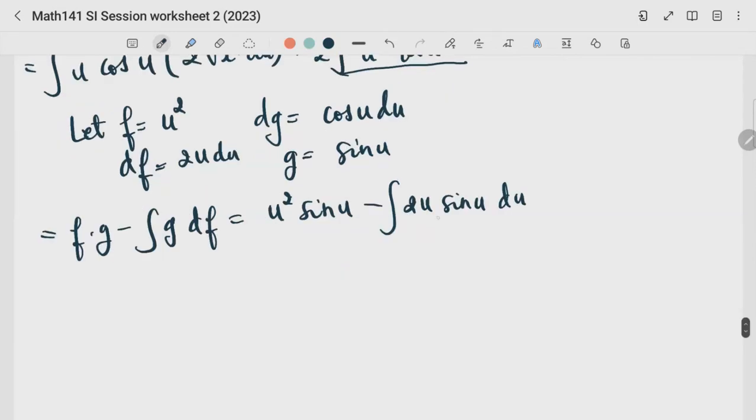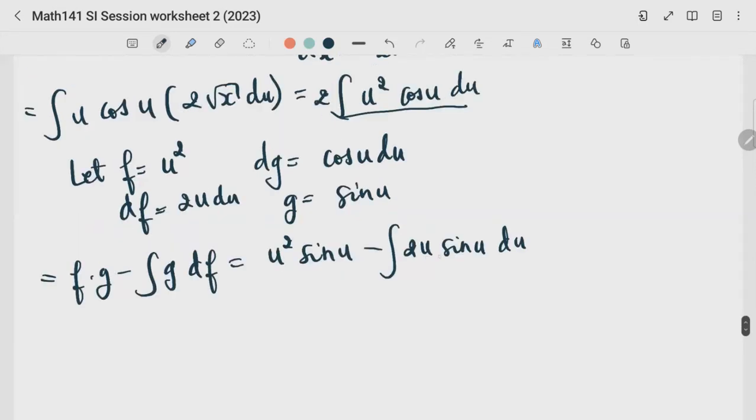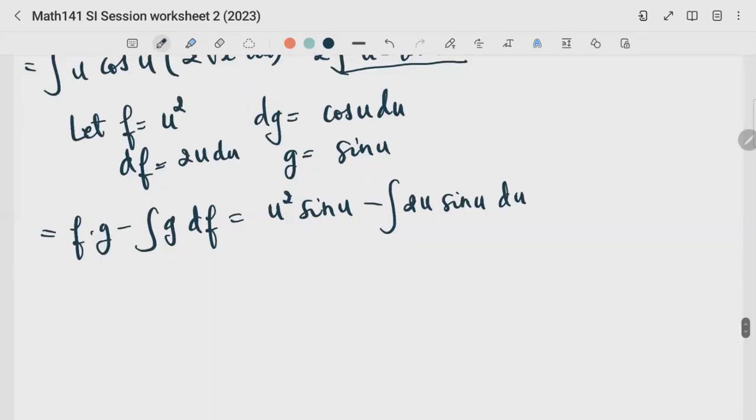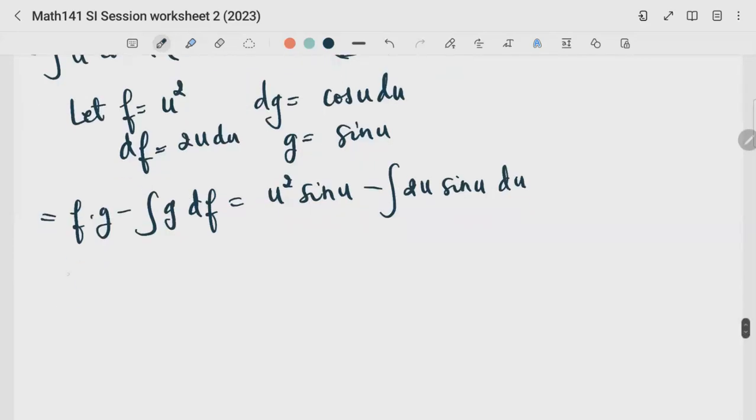So now we're finding ourselves, as we can see again, getting lower and lower in the exponents there. So we can assume that we are going in the right direction. So we have to use a second u substitution for that integral, which is just u sine u du.